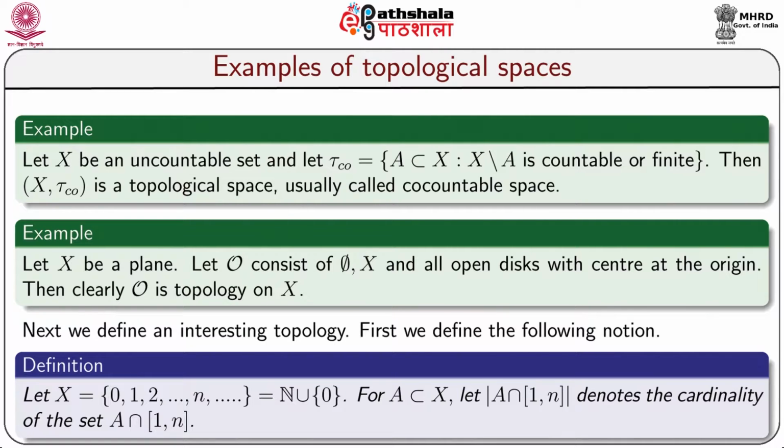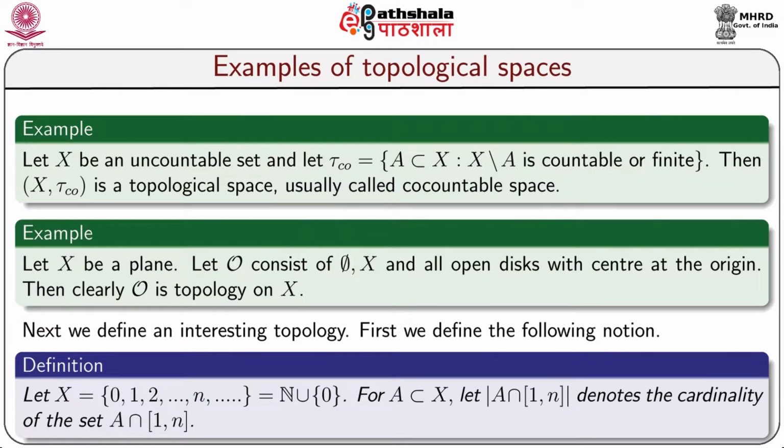So let X be an uncountable set and consider all those subsets of X whose complement is countable. Then this collection will be a topology on X. Generally this is denoted as tau_co and called the co-countable topological space. The proof is almost as above, so we will not repeat the proof here.